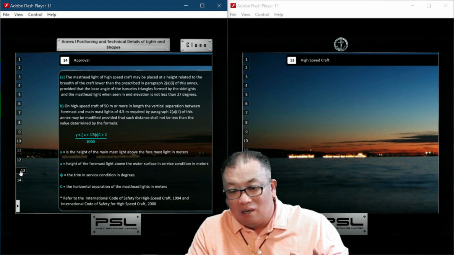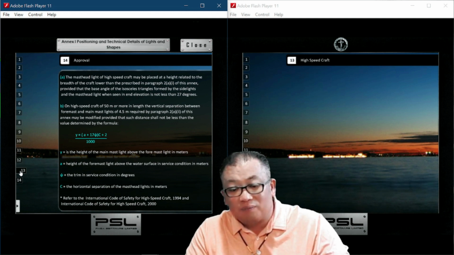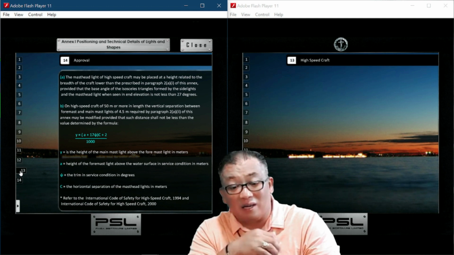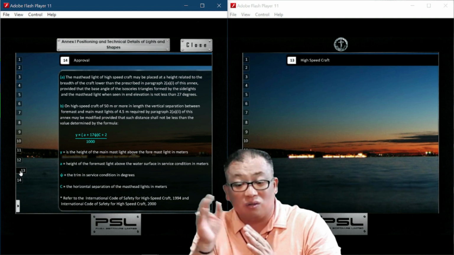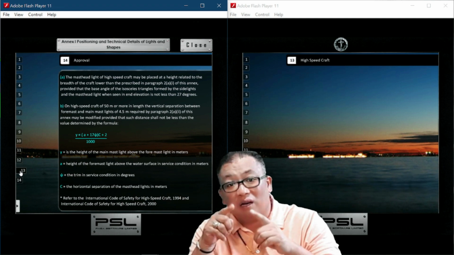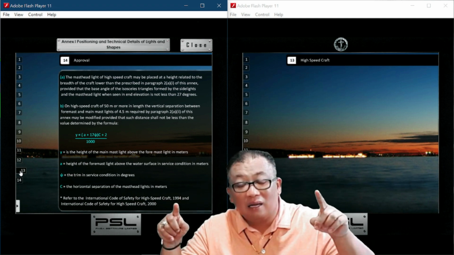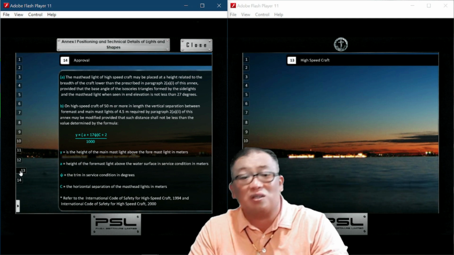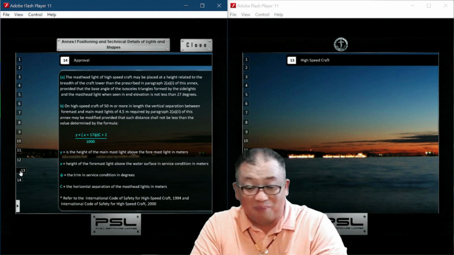For a high-speed craft, there is a requirement for the placing because they run very fast. What do you mean by isosceles triangle? They are equally spaced.